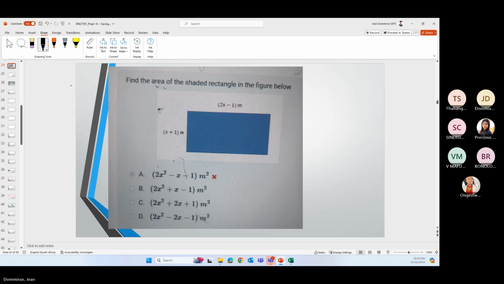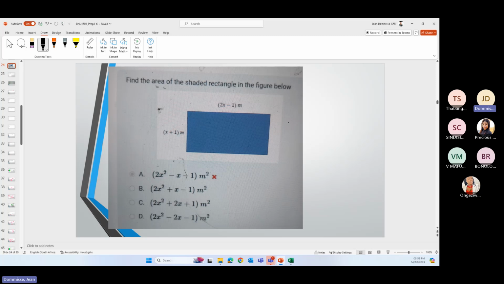Okay, so again, a measurement, but nearly a combination between measurements and your equations. So here they say find the area of a shaded rectangle. So that's that whole rectangle. And they basically tell us that's for one side, that's the other side.